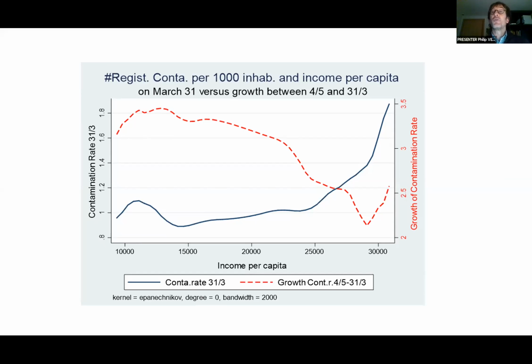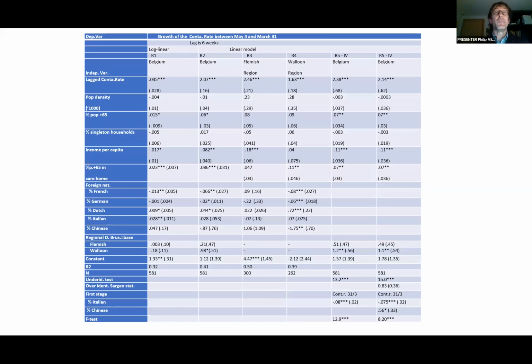I do that also in a regression analysis, either in a log linear model or in a linear model. And in the interest of time, you can look at regressions 2, 3, and 4, where you see the same variables popping up as before, specifically the population above 65, the income variable, which is negative, and also the population above 65 in care homes.